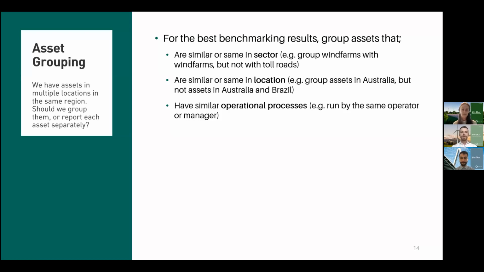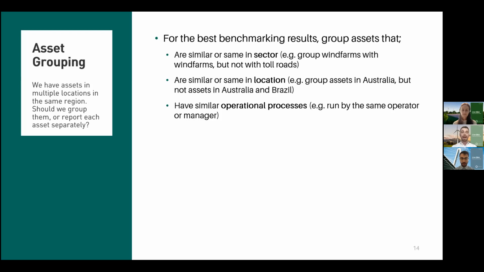Well, of course, it is entirely optional for the participants to decide whether they want to group different assets or not. But generally speaking, if you decide to group assets together and to aggregate the results, there are a few conditions that have to be present in order to do that in a meaningful and successful way. Namely, you should have reporting characteristics that align across these different assets. And you see here these bullet points.